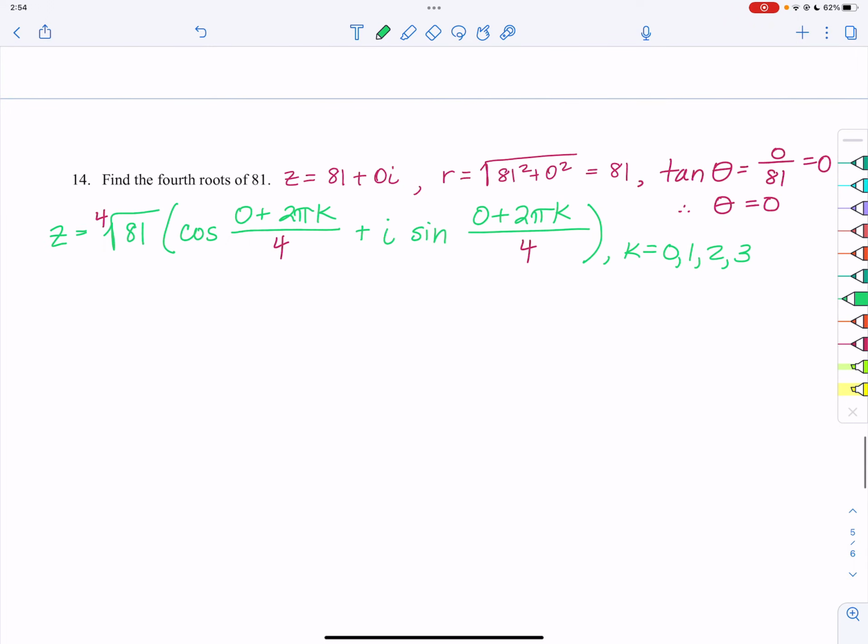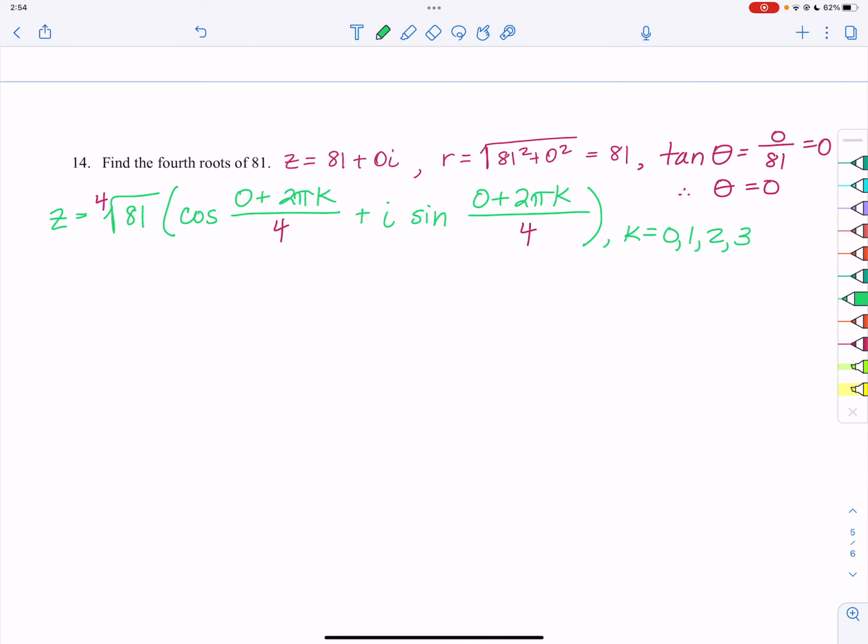Okay, so let's try for each one of these. We'll start with k equal to 0. We have 3 cosine of 0 plus I sine of 0. And we come up with 3 times 1 plus 0i, and we have 3.